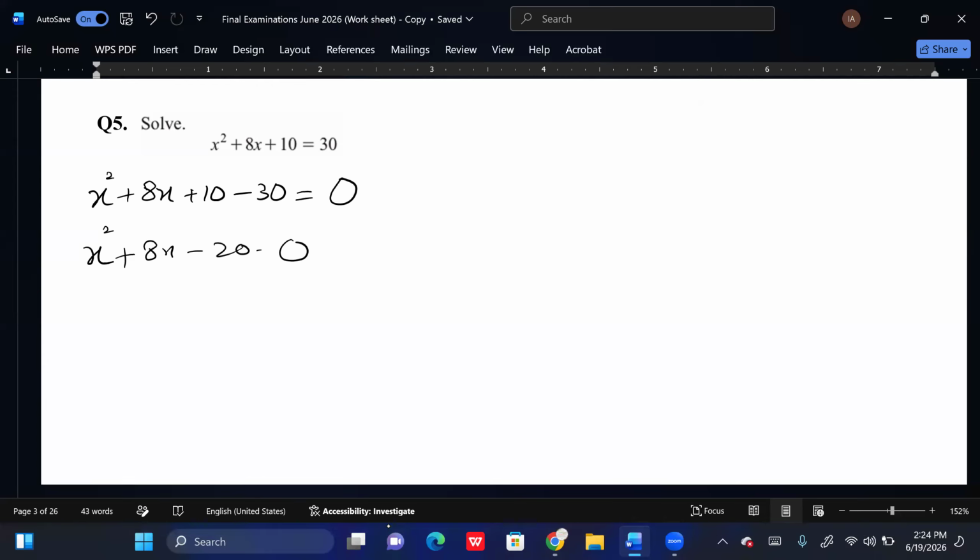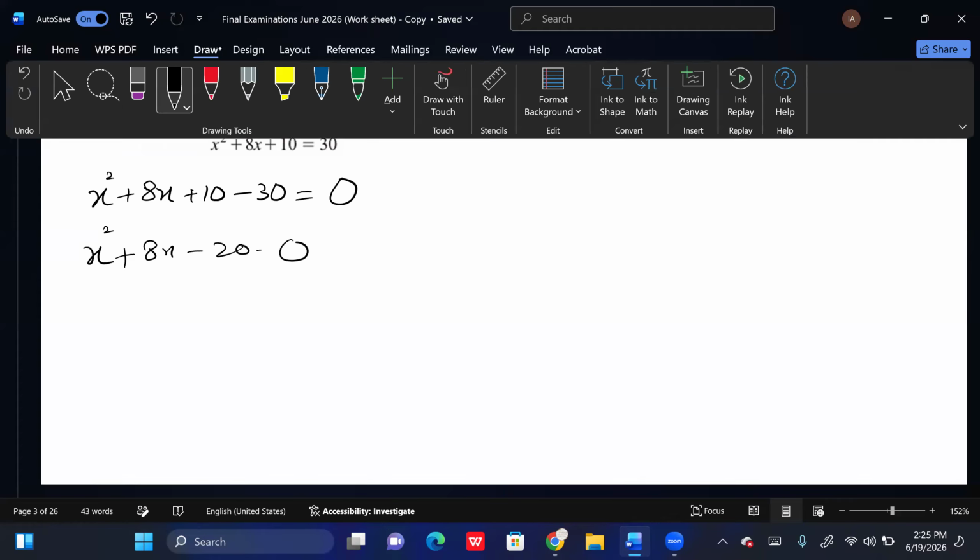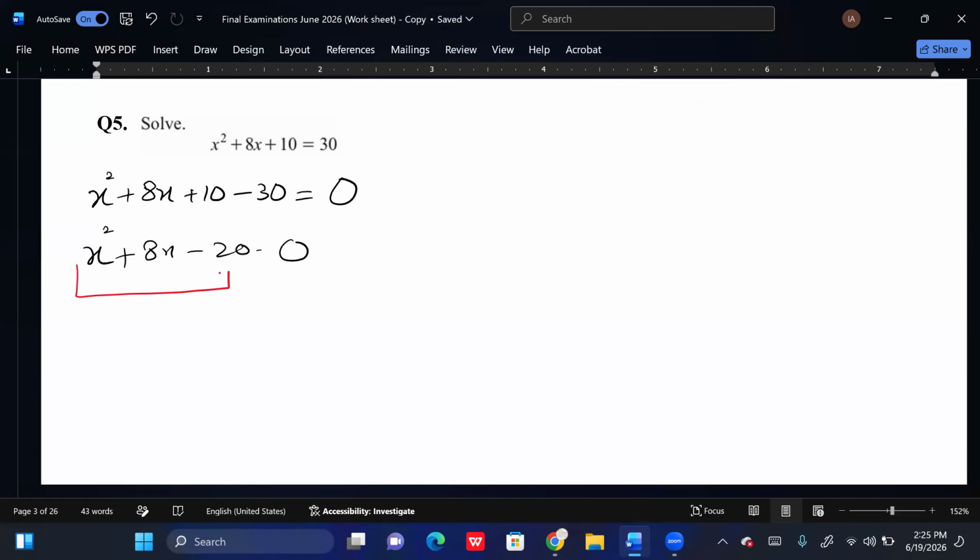Okay, now let's break the middle term. For this, we must multiply the first and the last term. The first term is 1 and the last term is 20, and the product is negative 20.